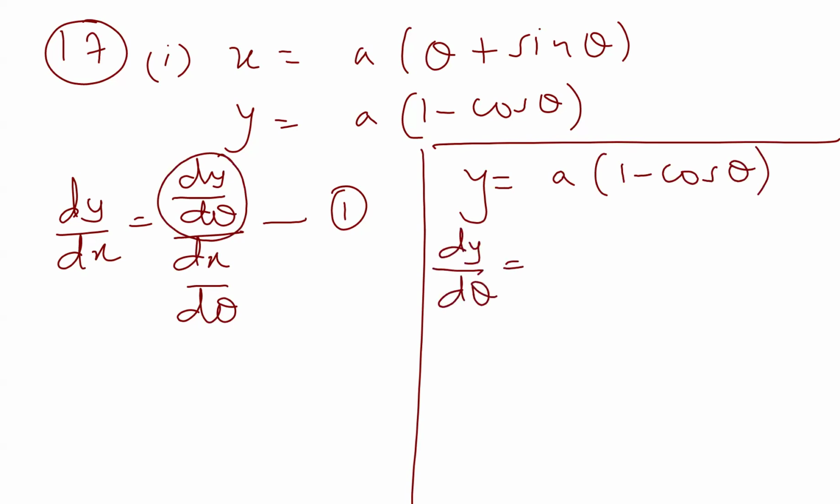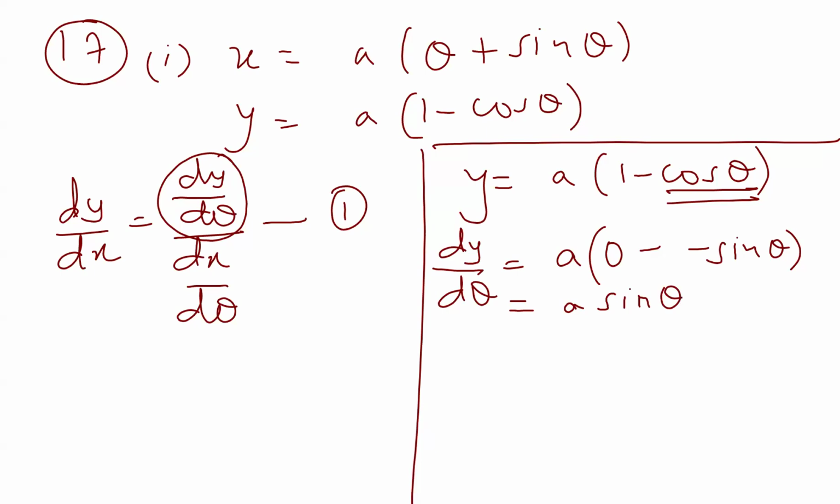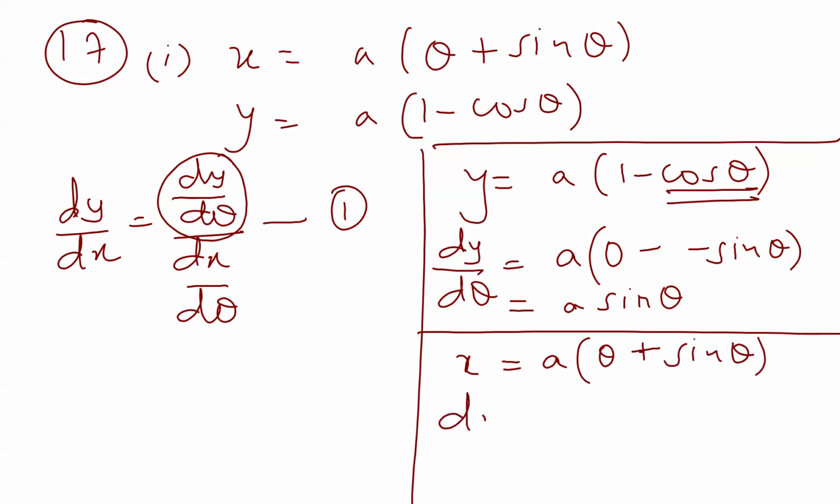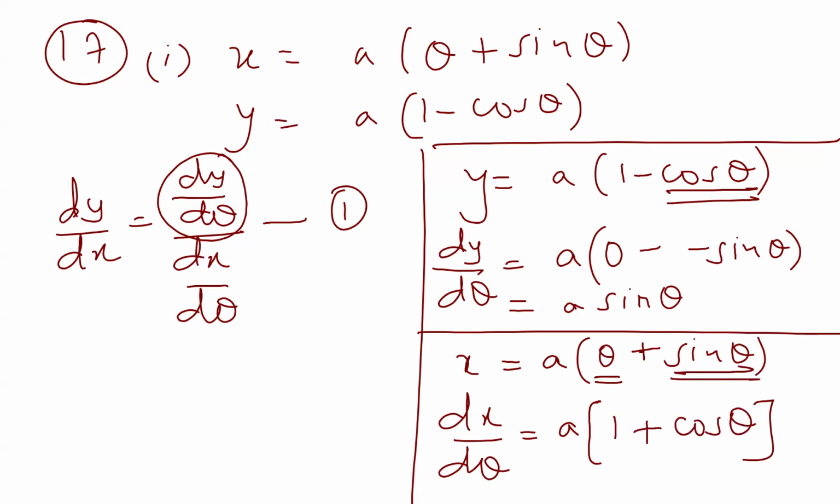So dy by d theta is equal to a times, the derivative of cos theta is minus sin theta, so 0 minus sin theta, which is equal to a sin theta. Now x is a times theta plus sin theta. Differentiate with respect to theta on both sides. a will remain a. Differentiation of theta with respect to theta is 1, and differentiation of sin theta is cos theta. Okay, so from equation 1 we got both the values.